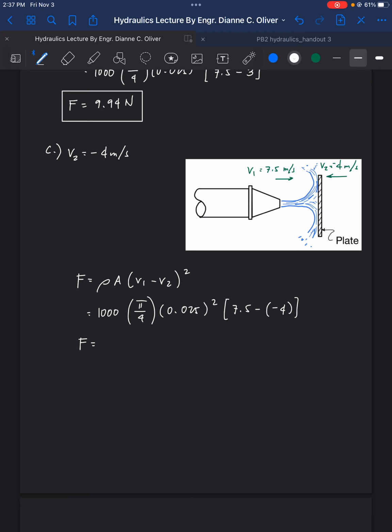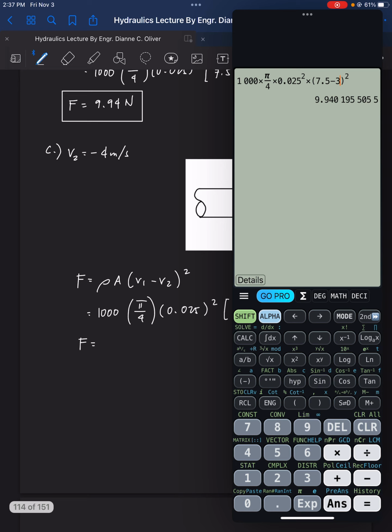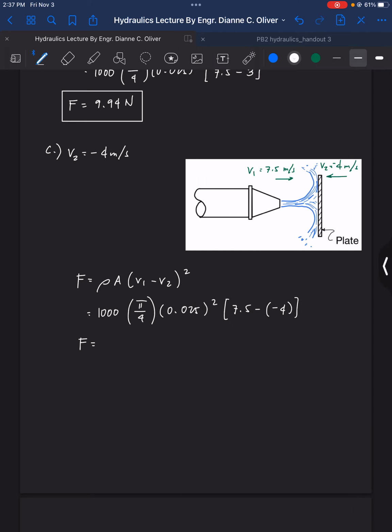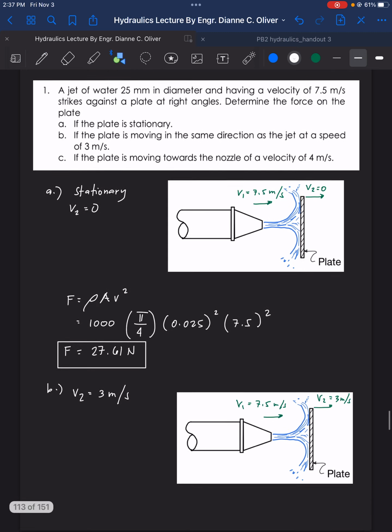So what is now the value of F? This becomes negative 4, so 64.92. 64.92 Newton.